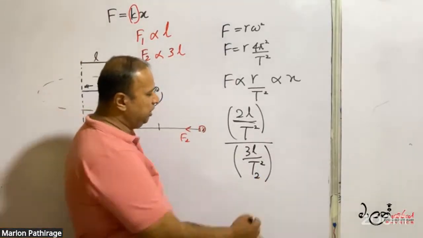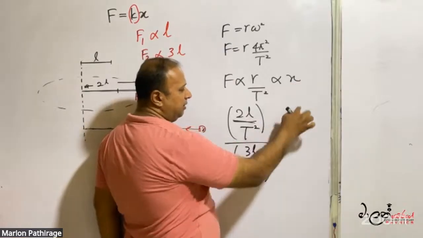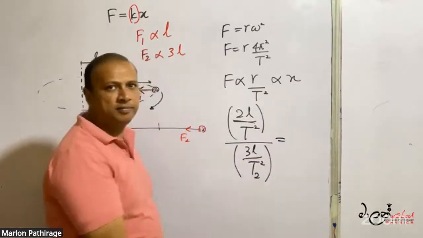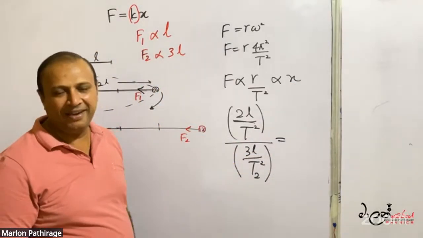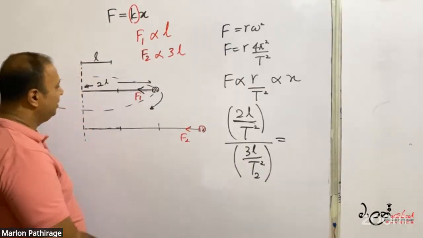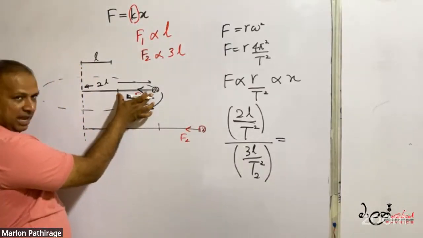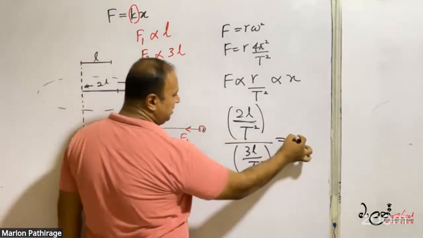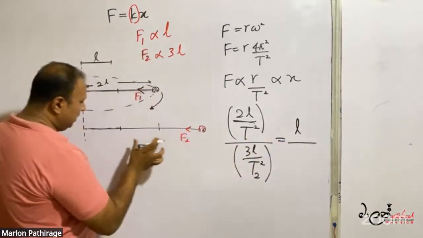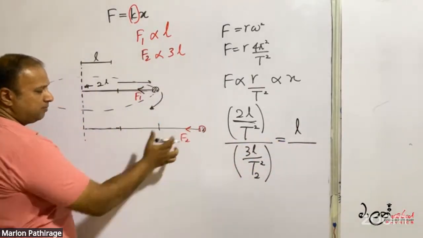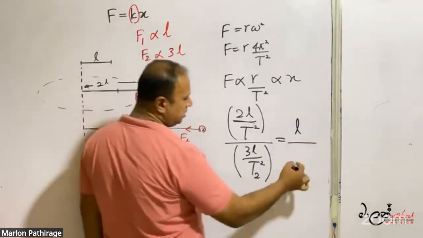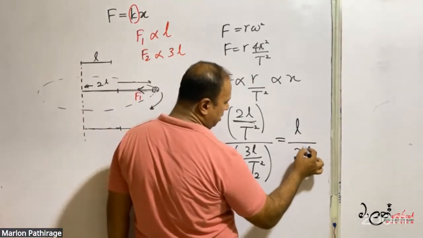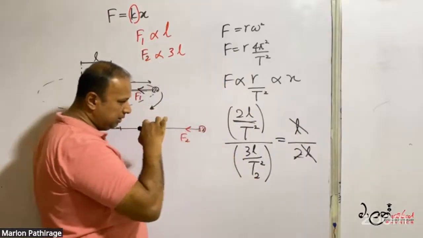This should be equal to the ratio between elongations. Here elongation is L, here elongation is 2L. L will be cancelled out.